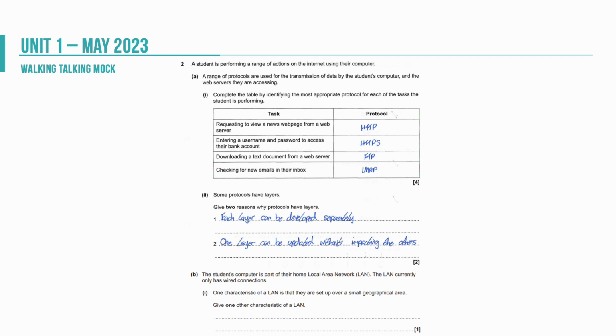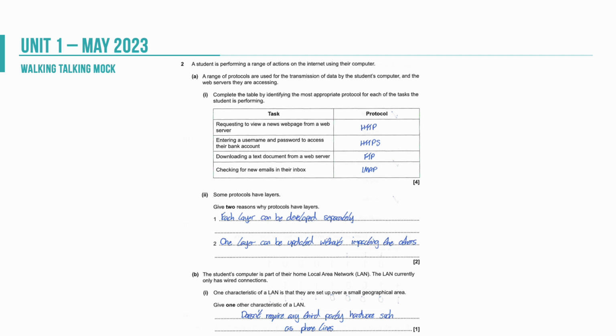Our final question on this page then asks for one characteristic of a LAN, a local area network. How is a local area network different to a wide area network such as the internet? There are a couple of answers you could have here, but the big one is that a LAN doesn't require any third-party hardware, such as a phone line or a satellite or something like that, to connect to other computers.